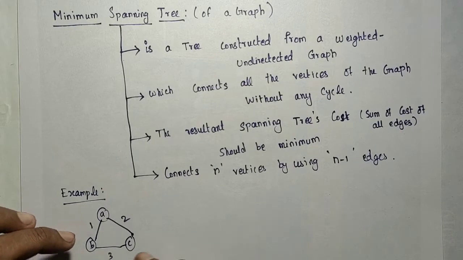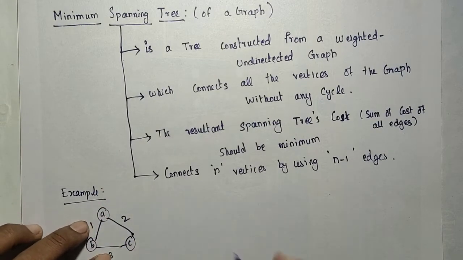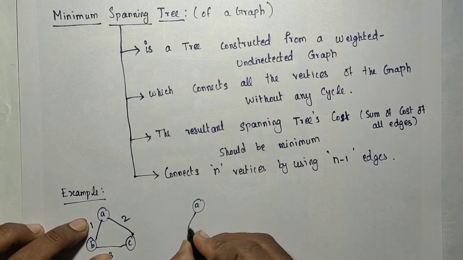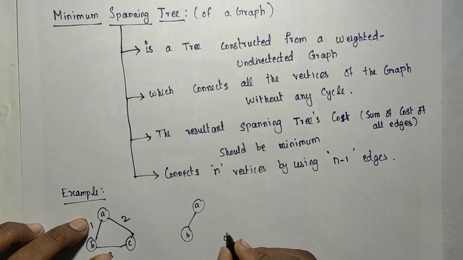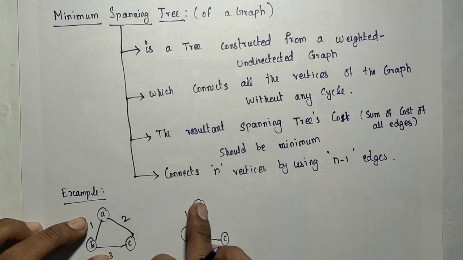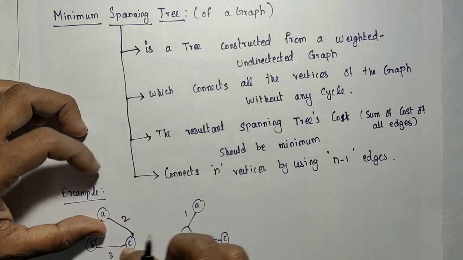It means we can connect all the 3 vertices by using only 2 edges. For example, A to B and B to C, so the cost is 1 and 3. If I add this, it will form a cycle, so no need to add it. So 3 vertices are connected by using 2 edges.